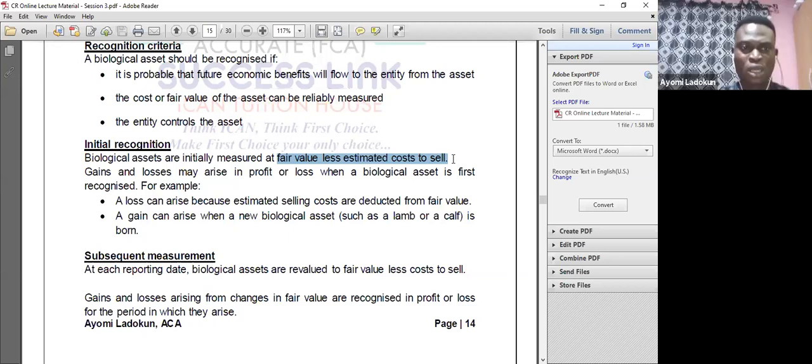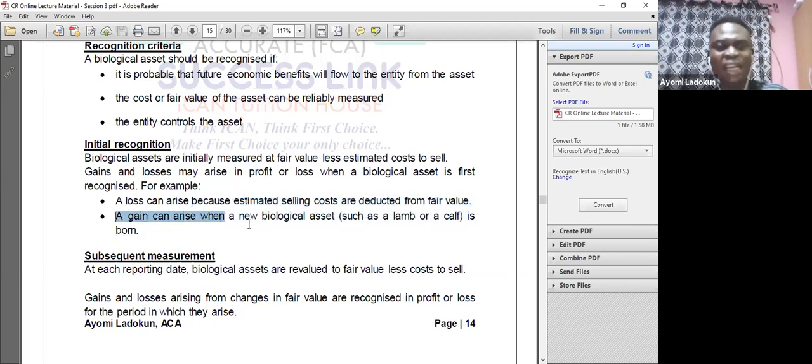For example, a loss can arise because the estimated cost to sell might have reduced the fair value. So when you look at the fair value, and then you say less cost to sell, obviously it would have reduced your value, so you are going to have a loss, and you recognize it immediately in the profit or loss account.